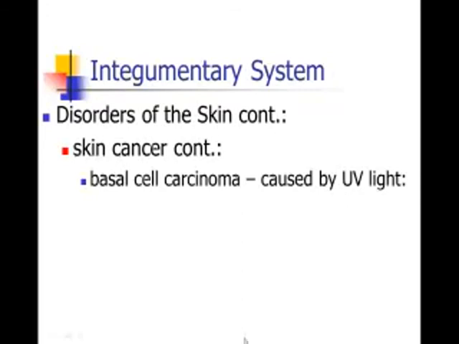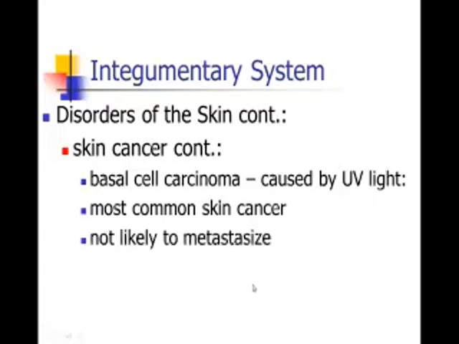Basal cell carcinoma is a skin cancer caused by ultraviolet light, UV light. It's the most common of the skin cancers. It is not likely to metastasize. So generally, if you're diagnosed with basal cell carcinoma, treatment will be suggested, but it's not usually like a crisis or anything of that sort.